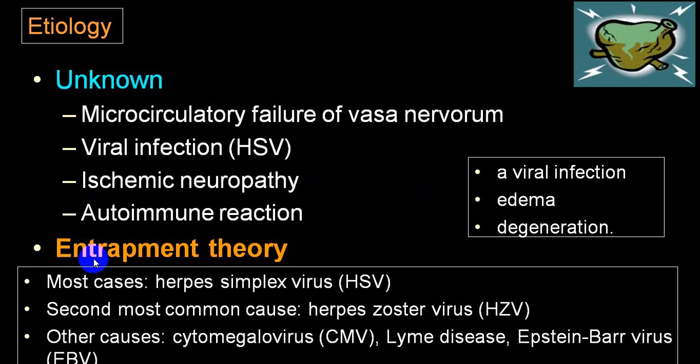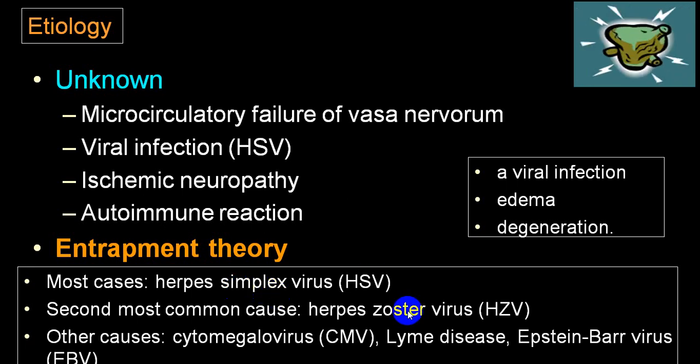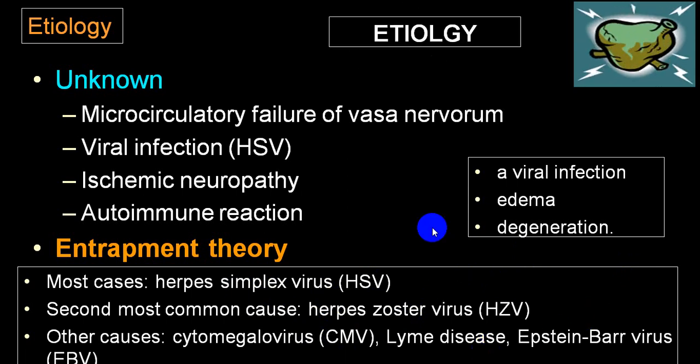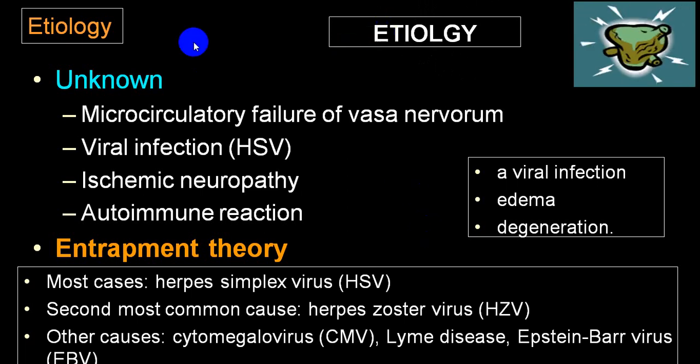There is also one theory called entrapment theory, which is because of edema in facial canal producing the entrapment, and the most common virus involved is herpes simplex virus. You can have herpes zoster virus, which is responsible for Ramsay-Hunt syndrome, or cytomegalovirus, Epstein-Barr virus, or maybe in Lyme's disease. But still, we label that as idiopathic or unknown etiology.